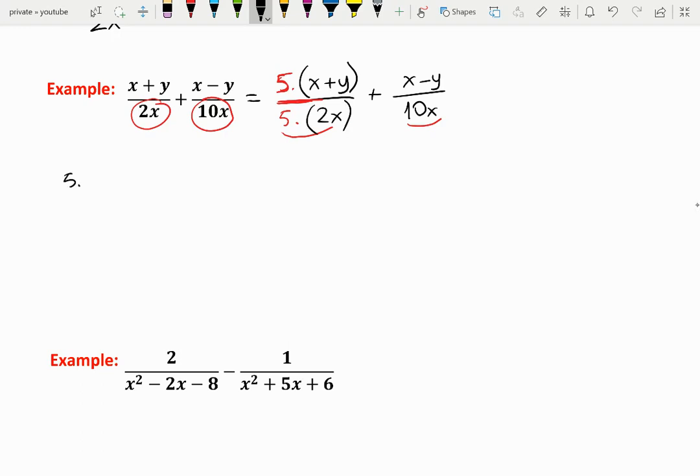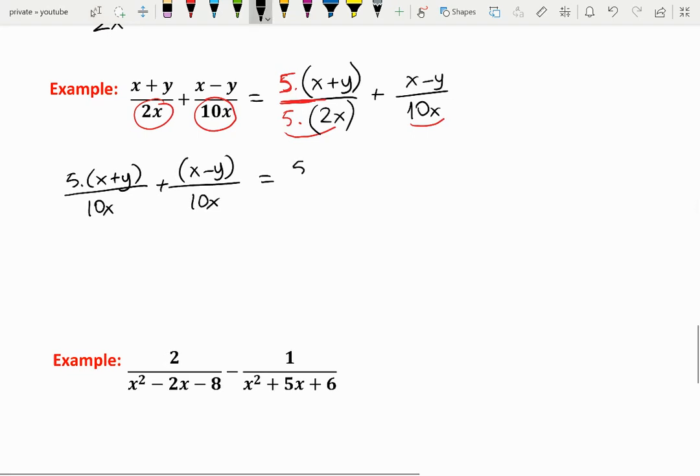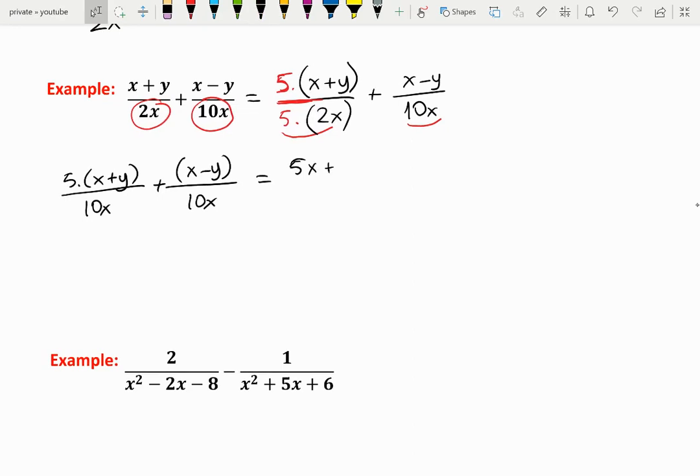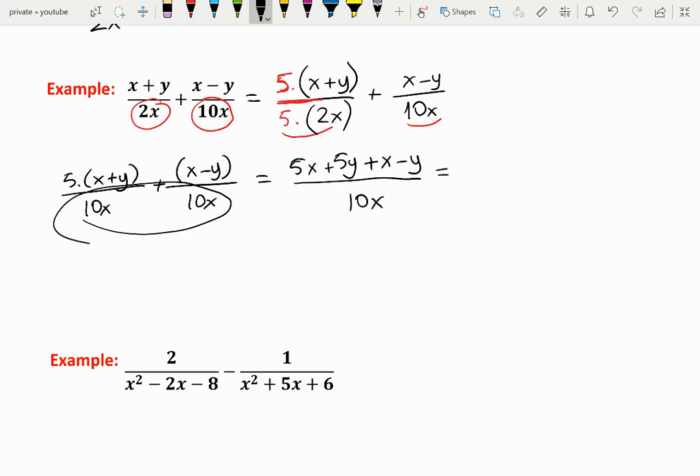So 5 multiplied by x plus y over 10x plus x minus y over 10x. Then 5x plus 5y. I can write it all together because the denominators are already the same. So x minus y, all of them over 10x.